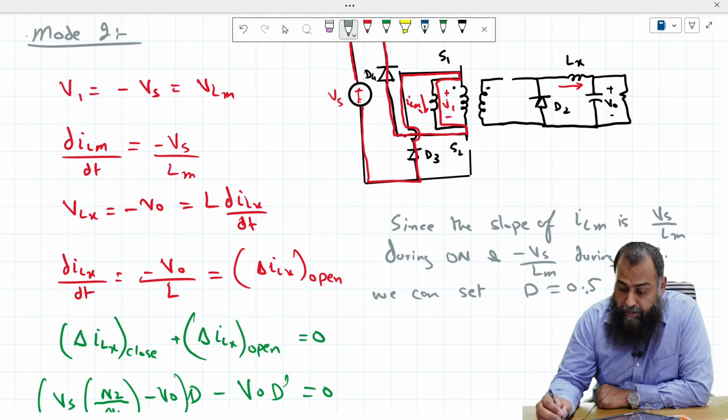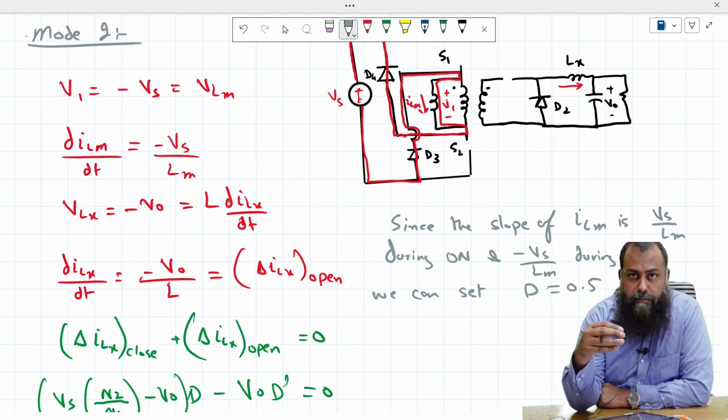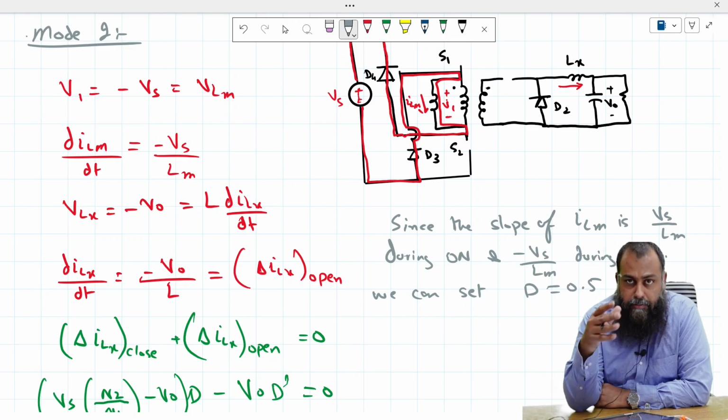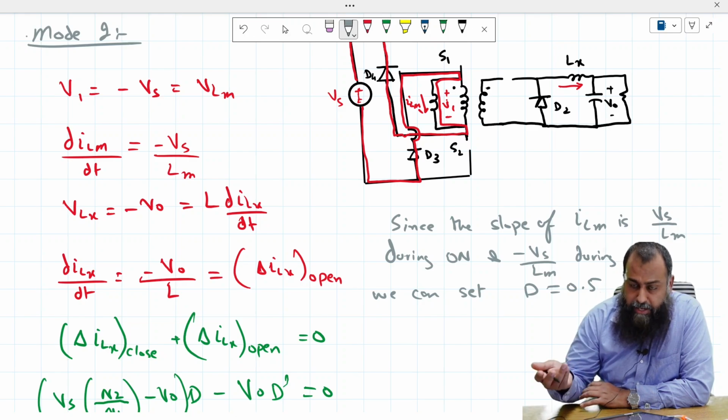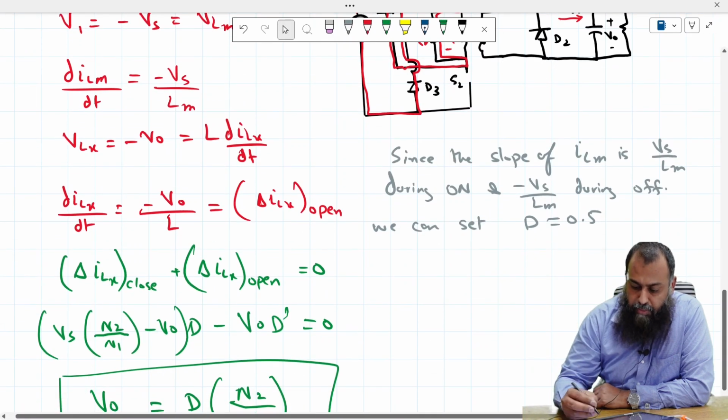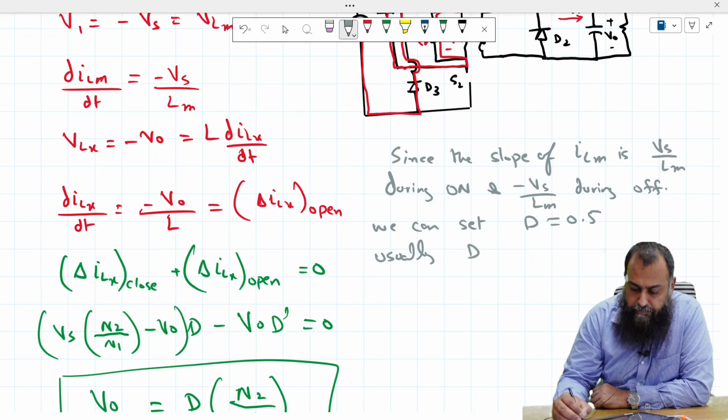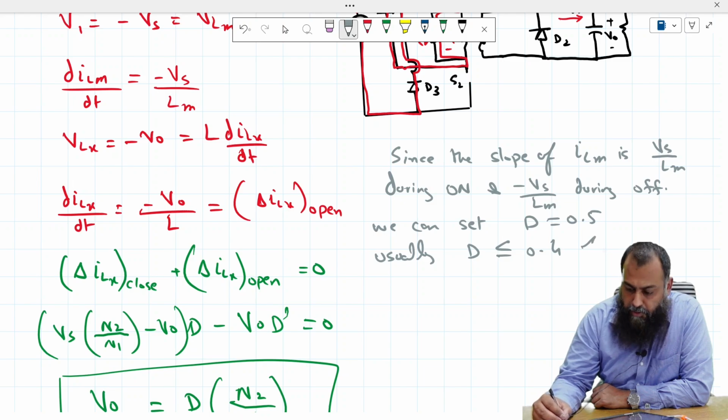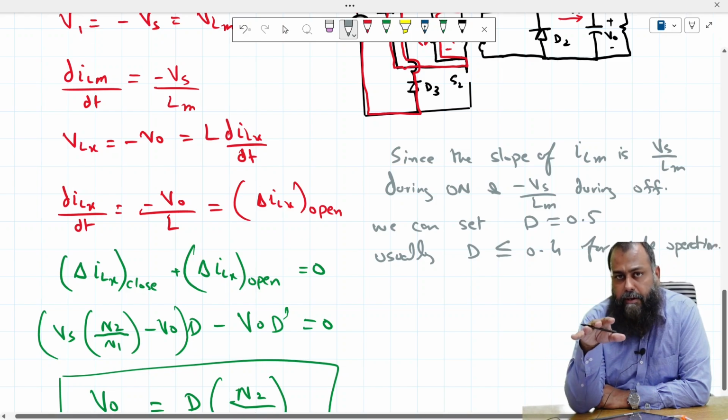It cannot be greater than 0.5, otherwise it will have an accumulative effect and the current will continue to rise within a very few cycles. It will go to a very high value. So we can set D equal to 0.5, and for safety, usually D is set less than 0.4 for safe operation, right? So for safe operation we keep it below 0.4.